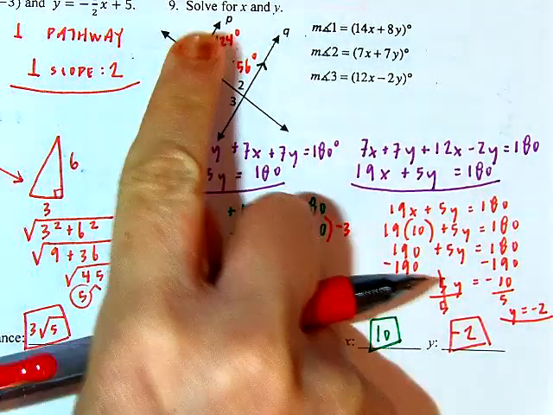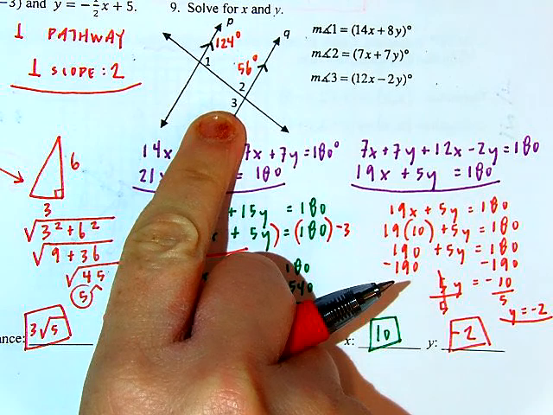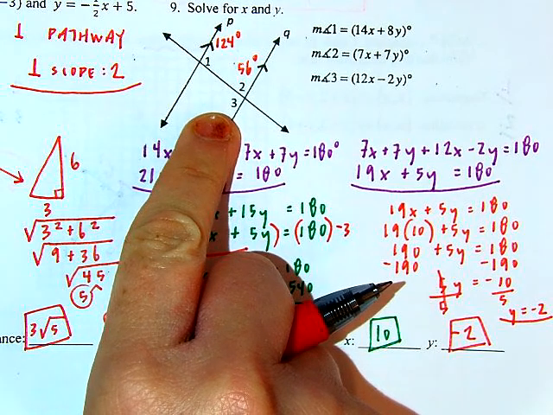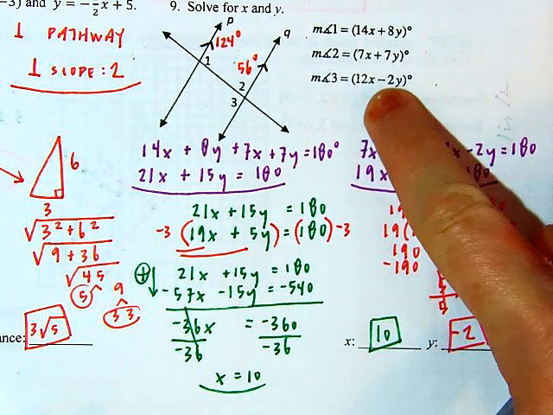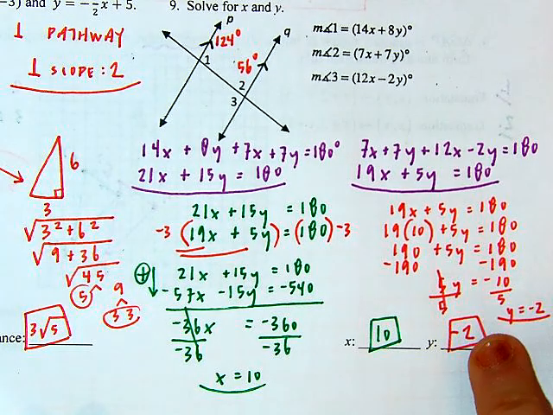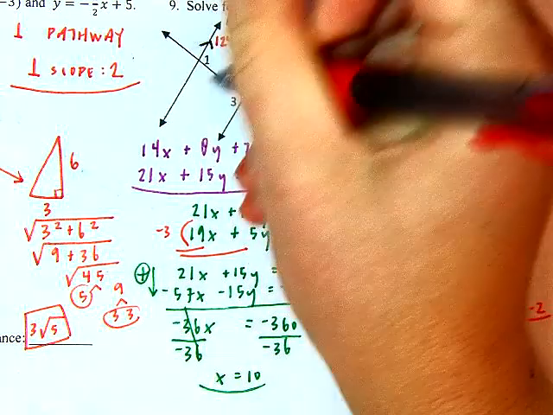That makes sense because these add back to 180. Angle 3 has to have a measure of 124 also, but let's plug back in. Here I have 120, and negative 2 times negative 2 is plus 4, so we have 124 right here.